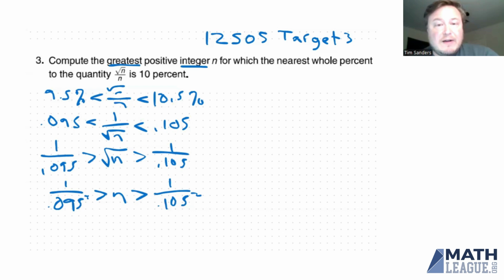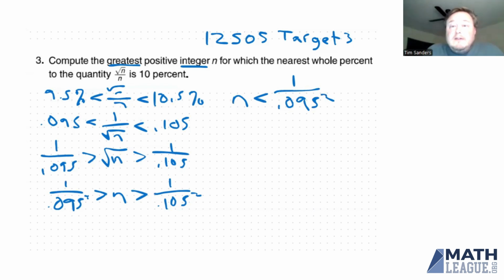All right, so let's write that out over here. N is less than 1 over 0.095 squared. Right. And at this point, all you got to do is take out your calculator and figure out what the value is going to be. So I've taken out my calculator, and it says that 1 over 0.095 squared is approximately 110.8 something, right?